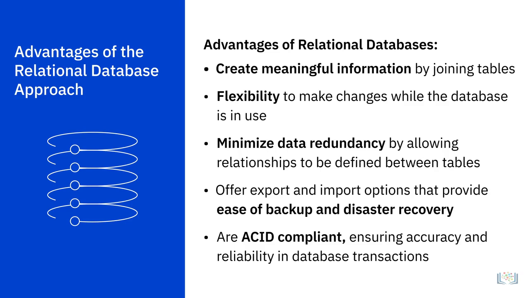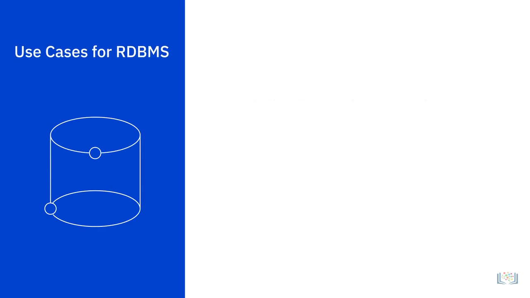ACID compliance. ACID stands for atomicity, consistency, isolation, and durability. ACID compliance implies that the data in the database remains accurate and consistent despite failures, and database transactions are processed reliably.